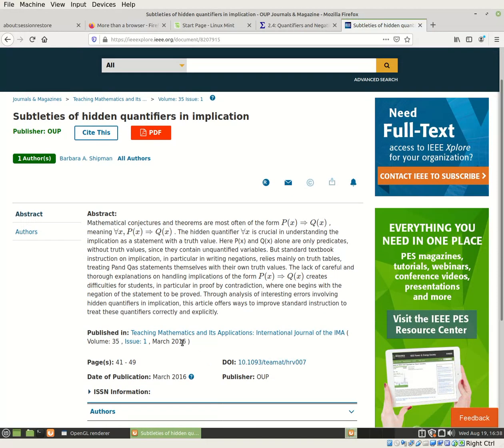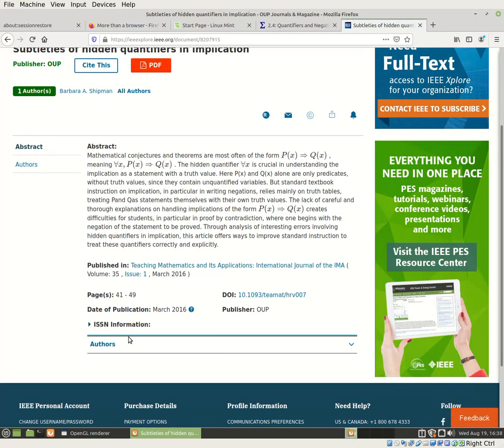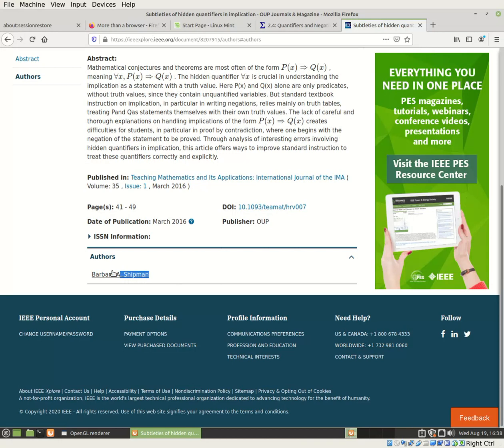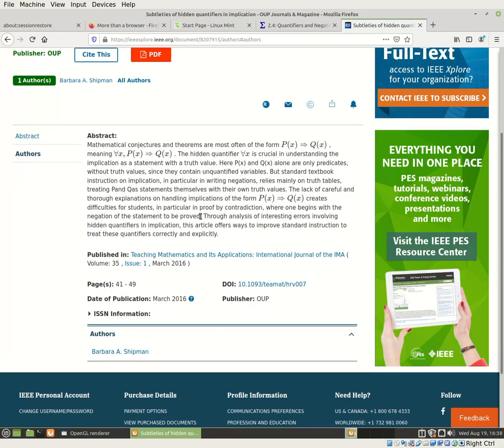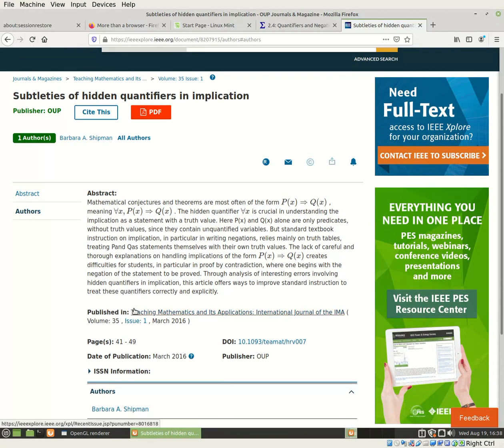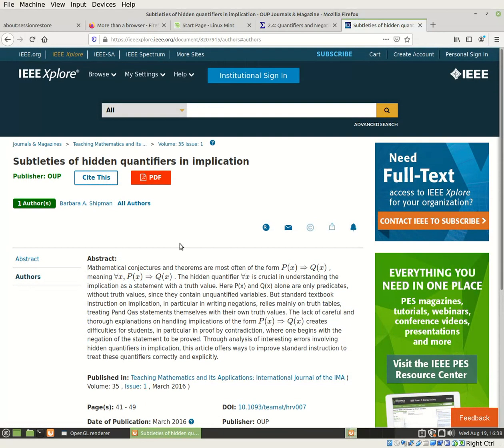We see here March 2016, the author Barbara Shipman published a paper in the Journal of Teaching Mathematics and its Applications exactly on how important it is to realize a hidden quantifier.